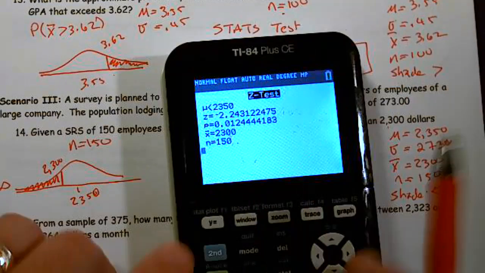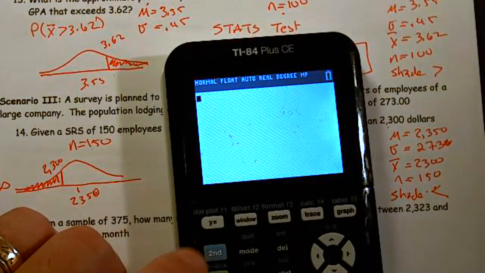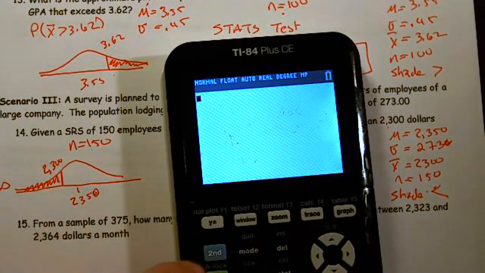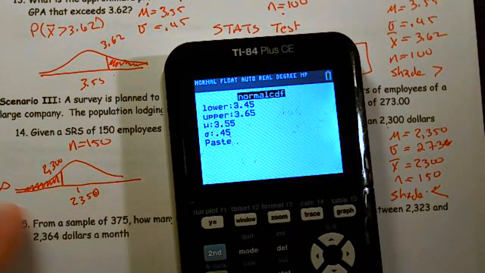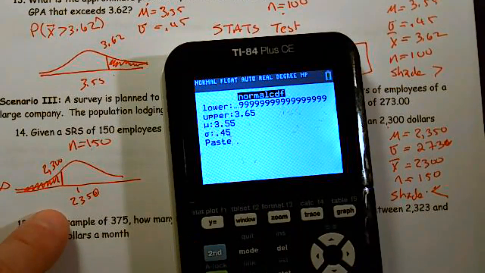And the answer is yes, you could have. So let's try that out for those of you who prefer to do it as a norm CDF. So second vars, norm CDF. My lower, we went to negative infinity. My upper, we stopped shading at 2,300. My mean was 2,350.